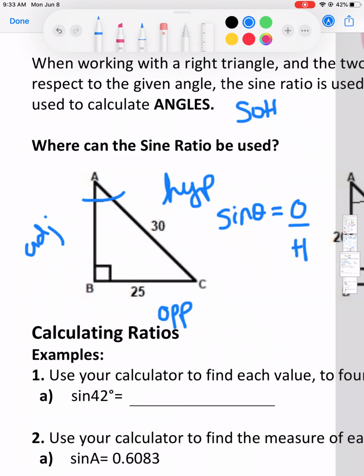Okay. Do we have our opposite value? Yes, we have a 25, so we can use it here. So far we can use this, right? I jumped the gun there. Here's our hypotenuse. Do we have a value there? Yes. Okay. Now, yes, we can use this triangle to solve this angle here, because we have enough information.